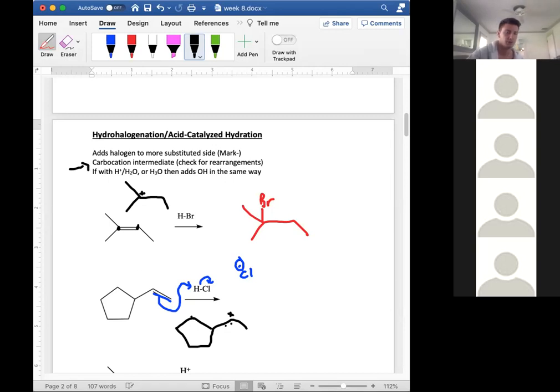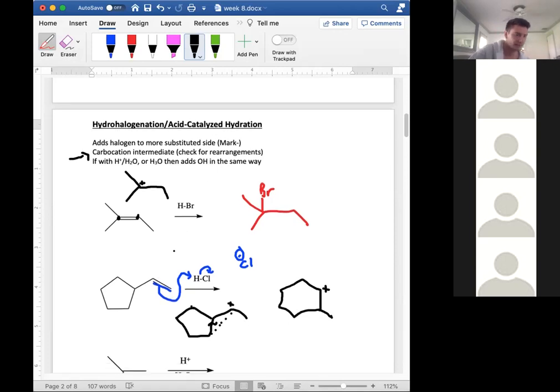You're going to create a new bond between these that's going to break, and now you have this. Some could argue that you may have a hydride shift occurring here, but at the end of the day, now your electrophile can attack.